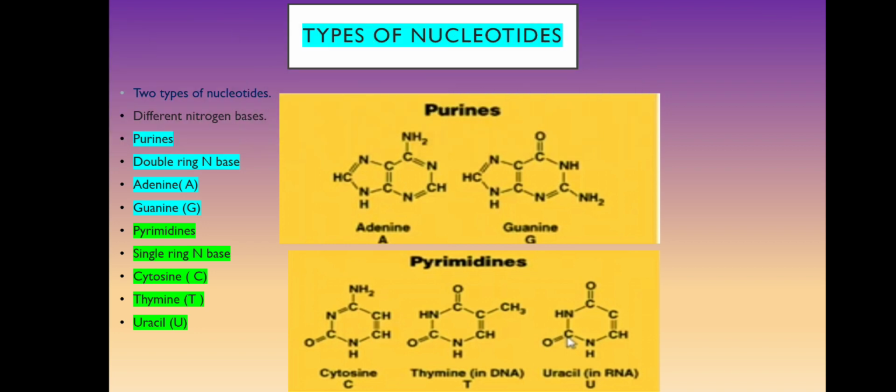While pyrimidines are also one of two kinds of heterocyclic nitrogen base rings which are used to create the constituent parts of DNA and RNA. In pyrimidines, there is a single heterocyclic nitrogen base ring, while in purines, there are heterocyclic aromatic rings of two fused rings.